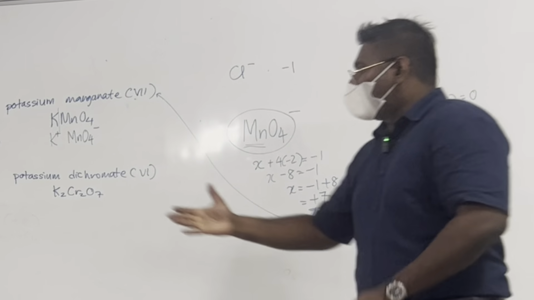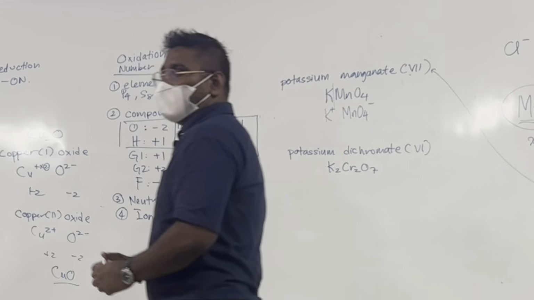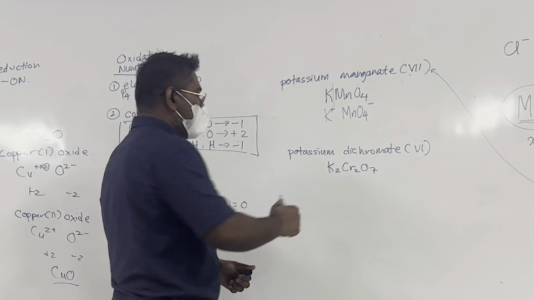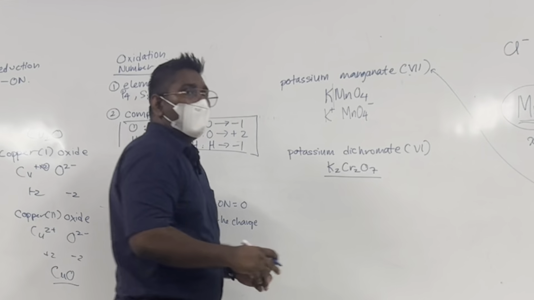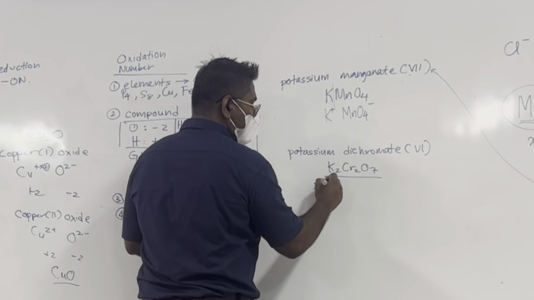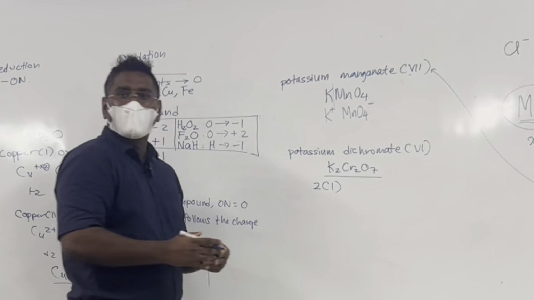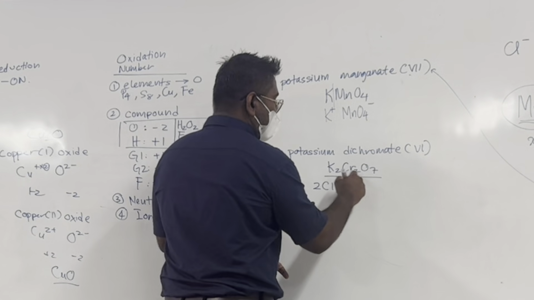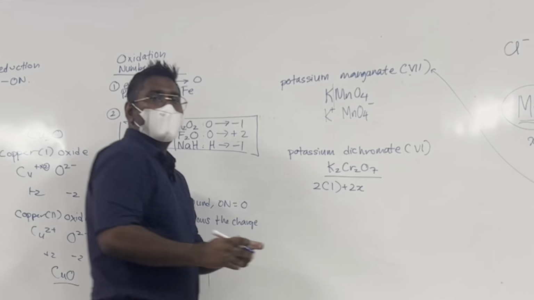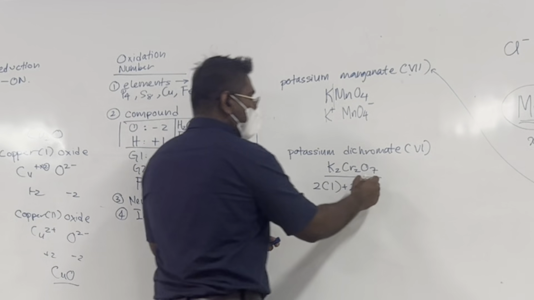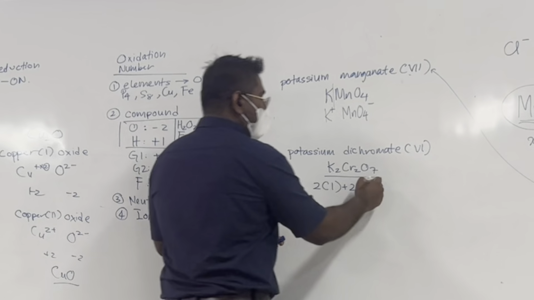So I'll show you for potassium dichromate, let's say I use the overall. 2 times K is plus 1, Cr is the one that I'm looking for, so 2 times X, and then 7 times oxygen, which in a compound must be negative 2.